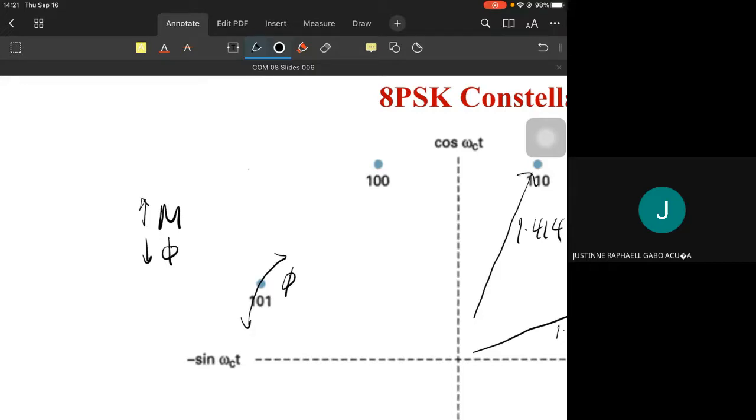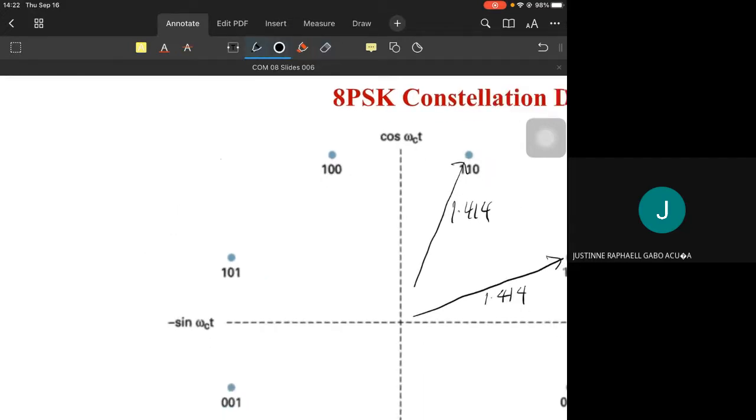The advantage of 8 PSK compared to ASK and FSK is more efficient use of bandwidth. The same bandwidth used in lower binary levels like ASK and FSK can be multiplied 2, 3, 4-fold with PSK. We can illustrate this concept later. We have a table for that.